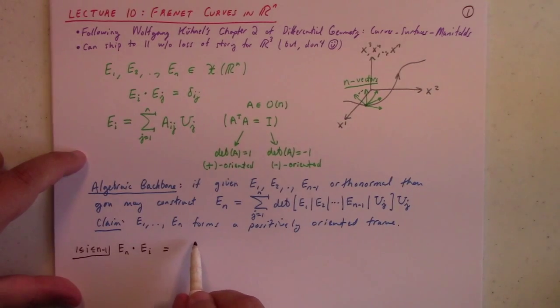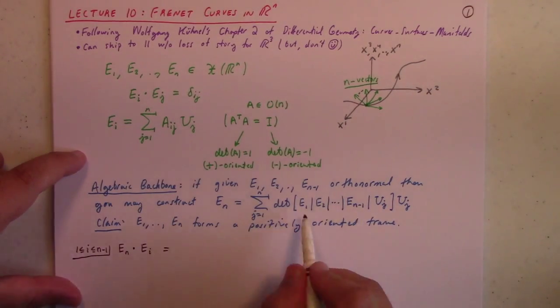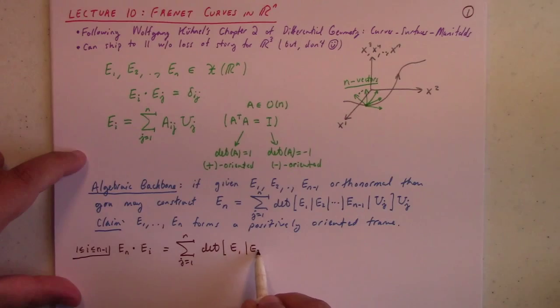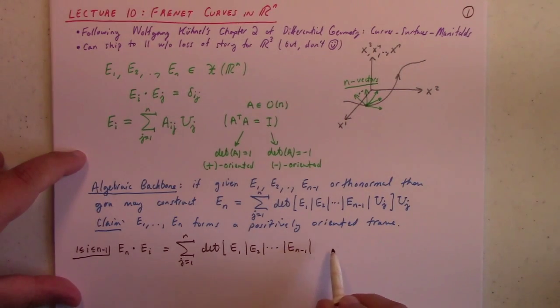All right. So En dot Ei then is equal to, what is it? Well, it's this expression. Sum j equals 1 to n, determinant E1, E2, through En-1, uj, and then what have we got?